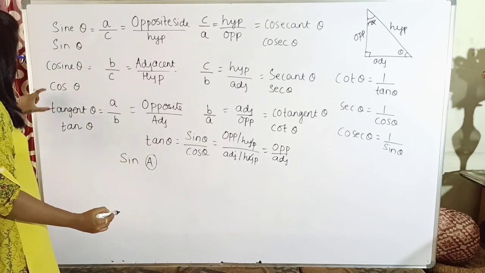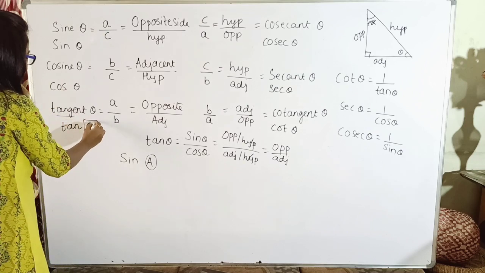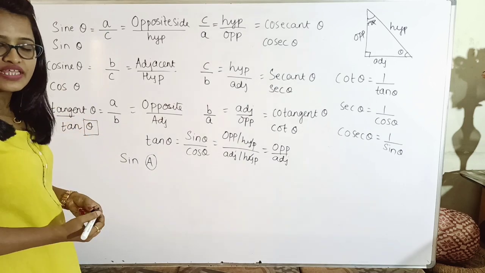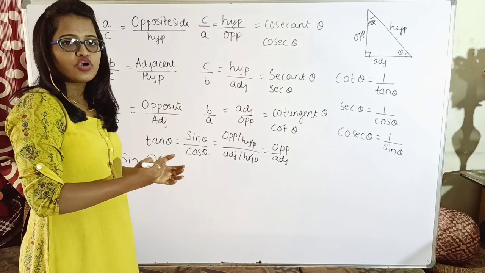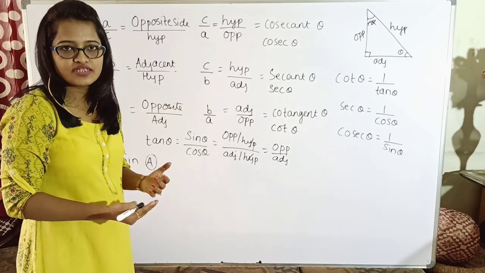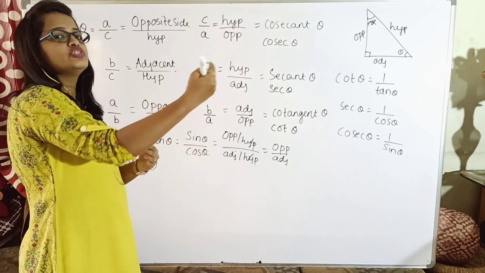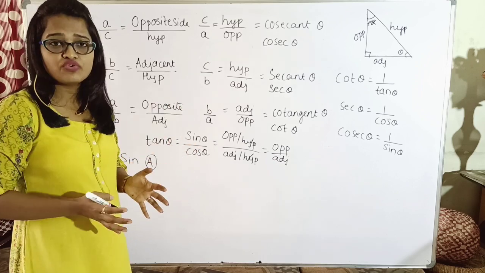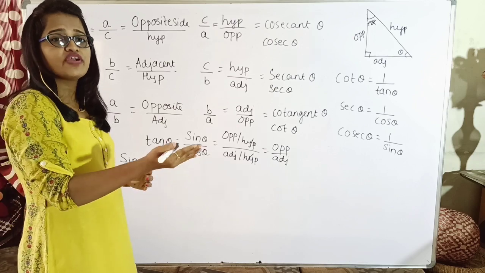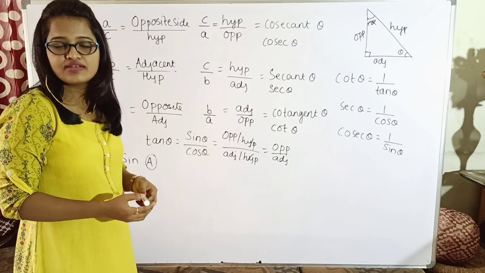Not only sine, all other ratios have to be accompanied by some angle, then only they will have value, isn't it? See, what you are doing is finding the ratio with respect to some angle. Sine theta is nothing but opposite upon hypotenuse. So somewhere you have to have that angle, then only you can find which is the opposite side or the adjacent side to that angle, isn't it?